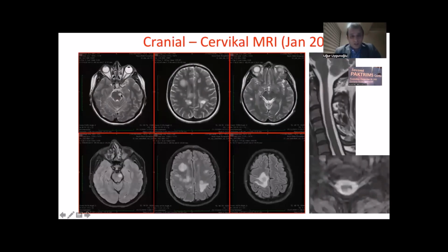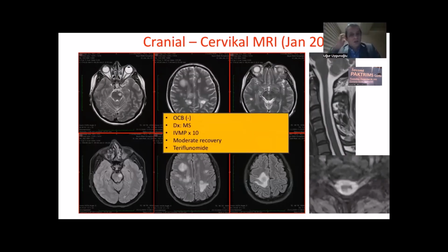You are seeing brainstem lesions at the level of the pons, subcortical and juxtacortical lesions, and also tumefactive lesions on the right side, most of them having contrast enhancement. Also at the level of C3 to C4, on the left side of the cervical spinal cord, we are seeing a lesion.